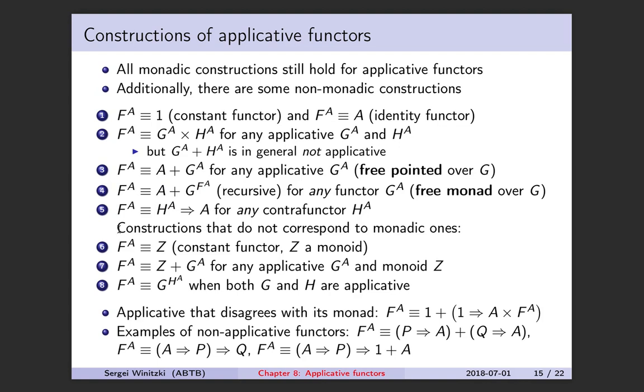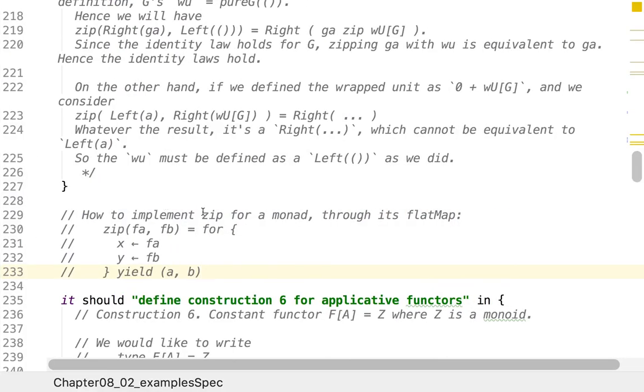Now, here are some constructions that do not correspond to any monadic constructions. These are the last three. The construction 6 is a constant functor giving a monoid value. So it's a type Z, some type that we know is a monoid. It is not a monad, actually. We will see this shortly.